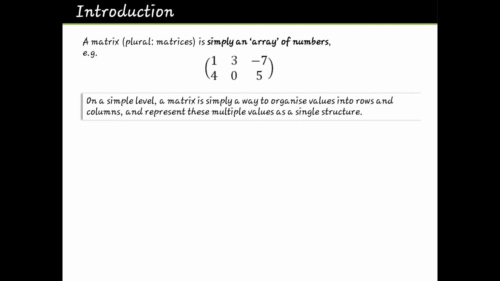On a simple level, a matrix is a way to organize values into rows and columns. Rows are these values here, moving from west to east, and columns are these ones, moving from north to south.